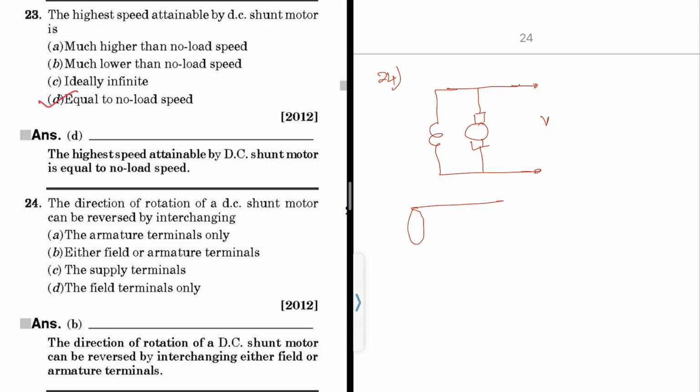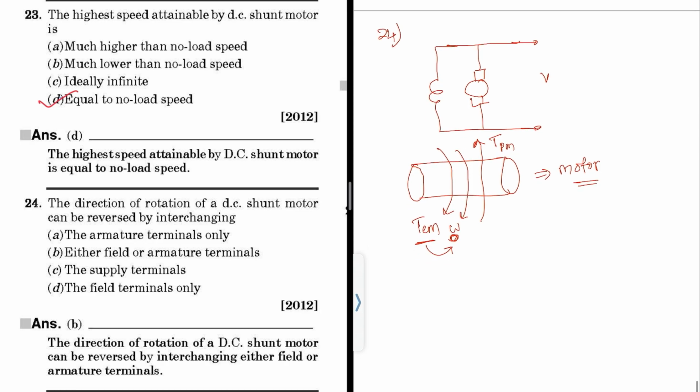In general, the electromagnetic torque and speed will be in the same direction, and the prime mover torque will be in the opposite direction. This is for the motor case, right? This we know.